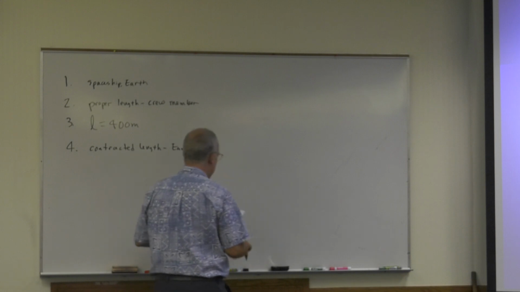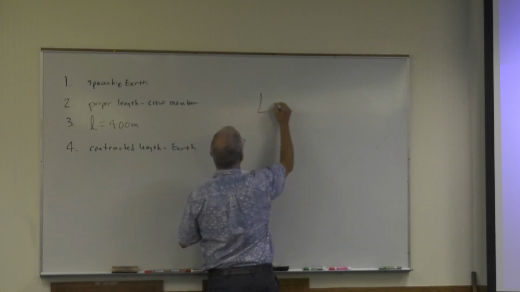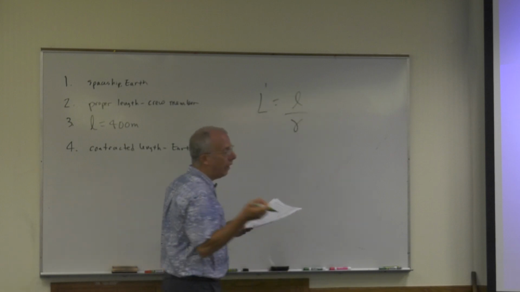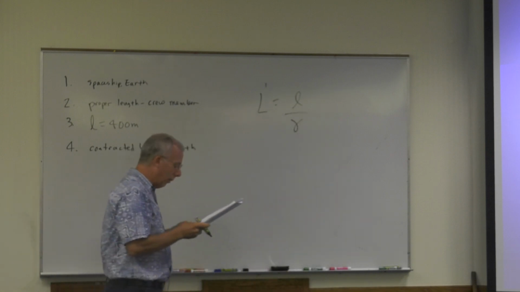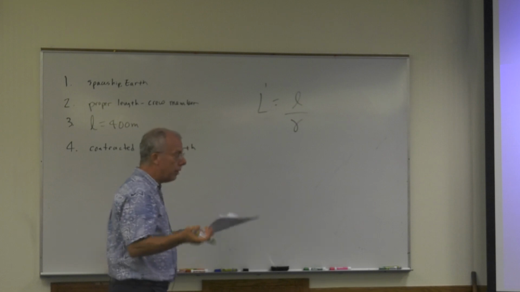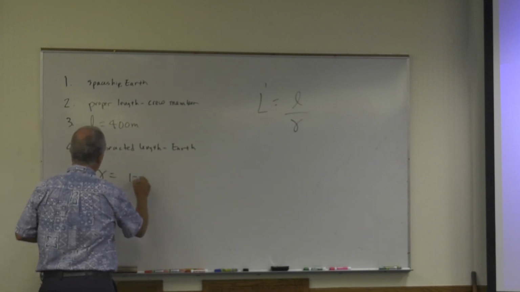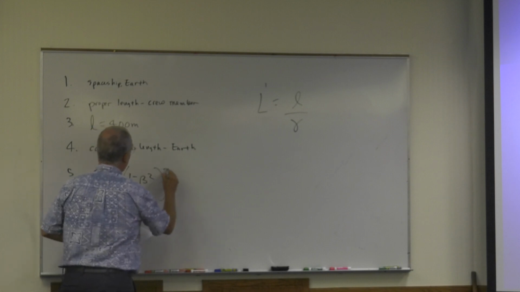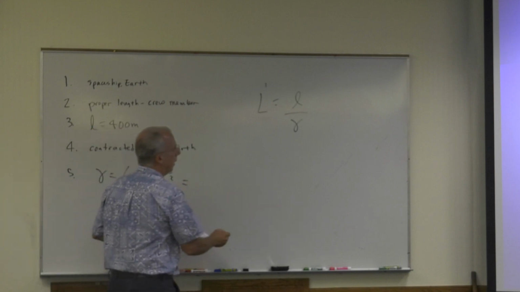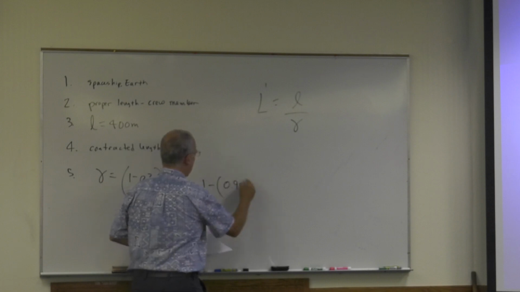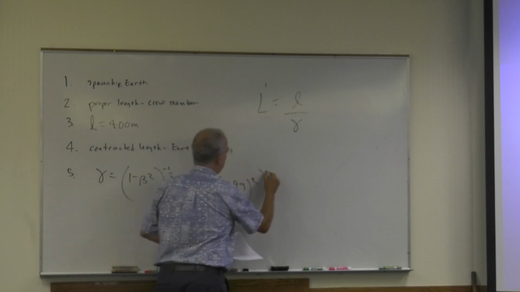Well, what's the formula? The formula is L prime equals L over gamma. So like I keep saying, whenever you do these relativity problems, generally speaking, you have to find gamma. So gamma equals 1 minus beta squared, to the negative 1/2. Okay, so 1 minus 0.99 squared, to the negative 1/2.